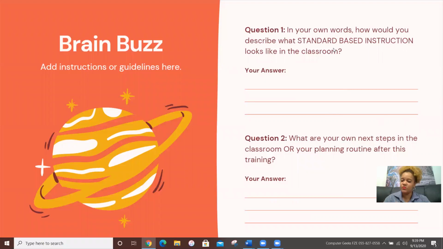See, because this is one of those evaluate or create type rigor questions. So I know you had a lot to say. Our last question is, what are your own next steps in the classroom or in your planning routine after this training? What's your next step? What is your go-to? What do you want to reevaluate? Where do you want to spend a little bit more time?